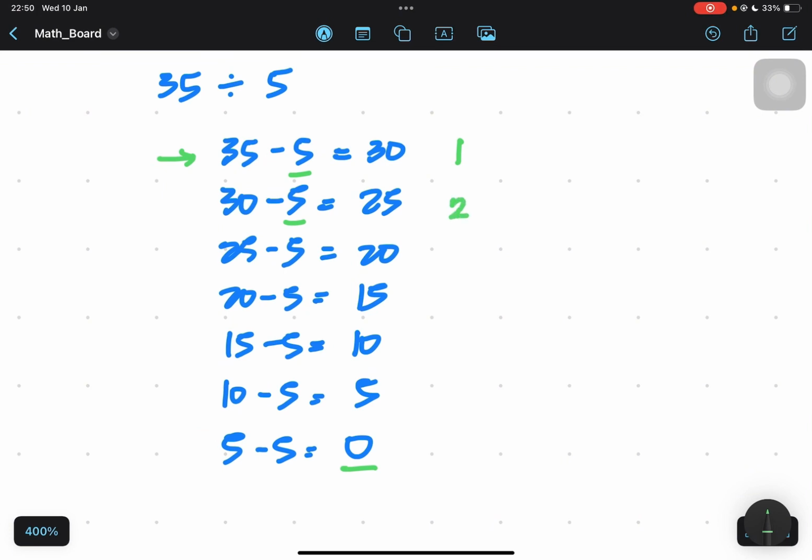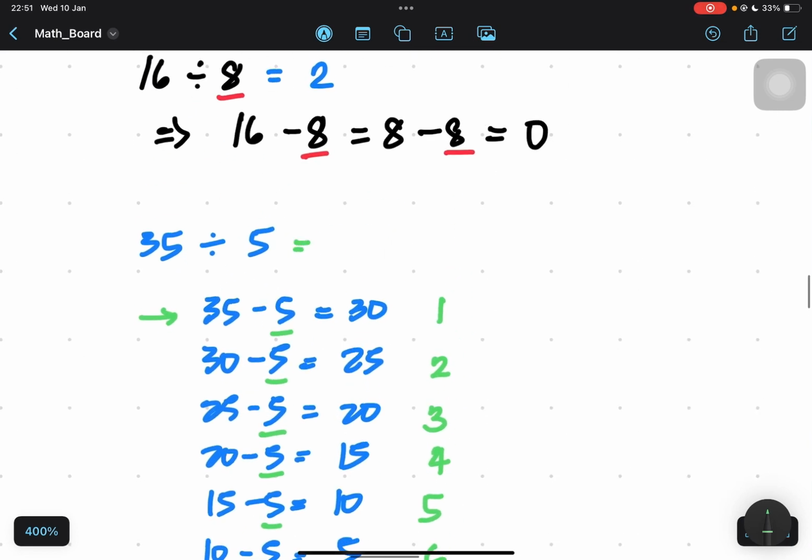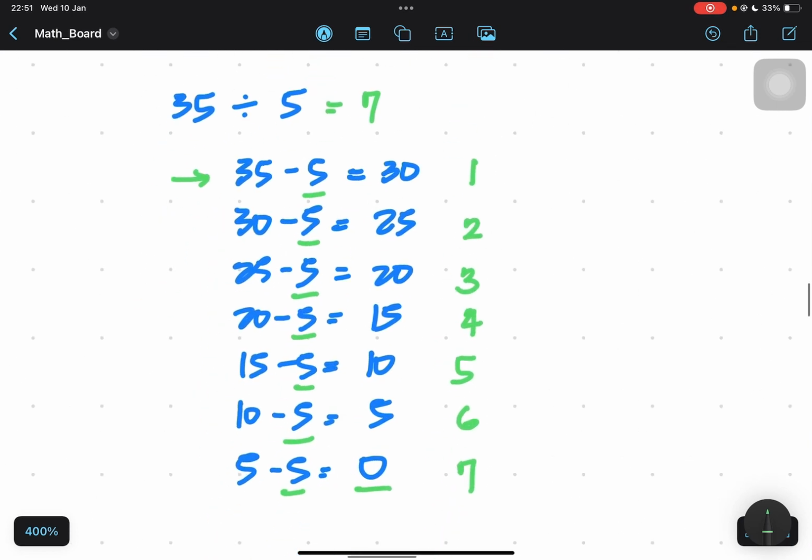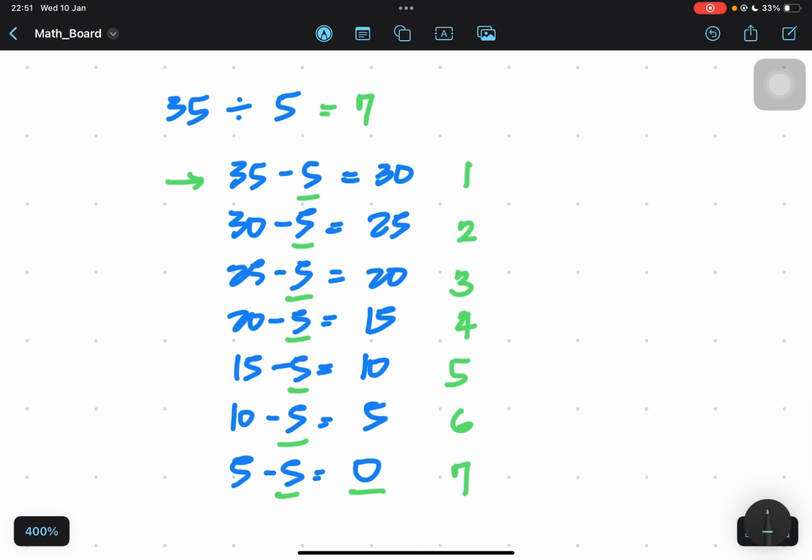Next is 2, then 3, 4, 5, 6, 7. So 35 divided by 5 is equal to 7. And that is how division works as a repeated subtraction.